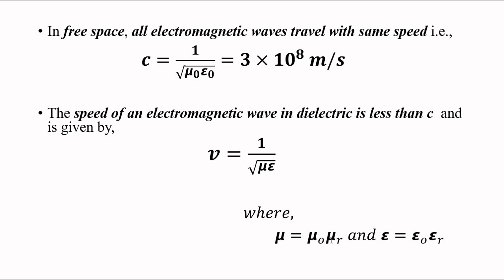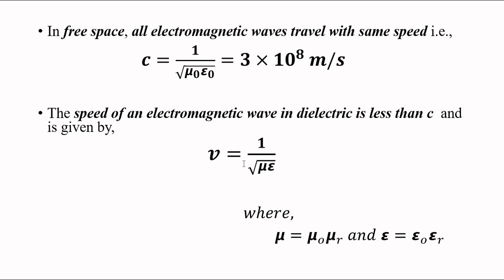Mu is equal to mu 0 mu r, epsilon is equal to epsilon 0 epsilon r, where mu r is the relative permeability and epsilon r is the relative permittivity.